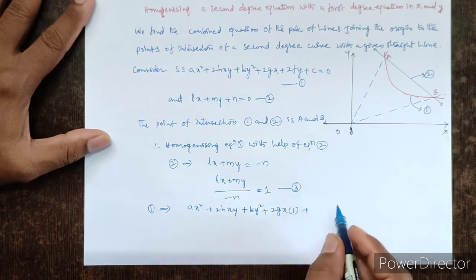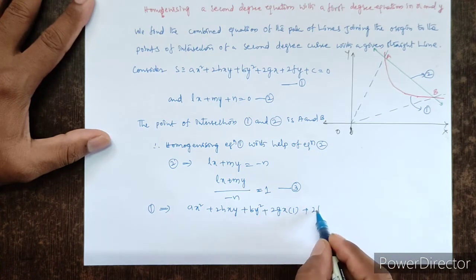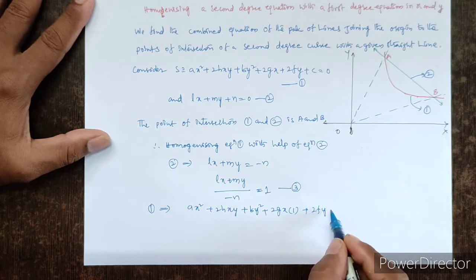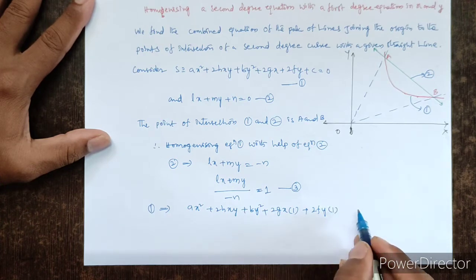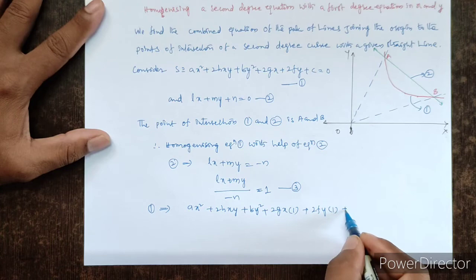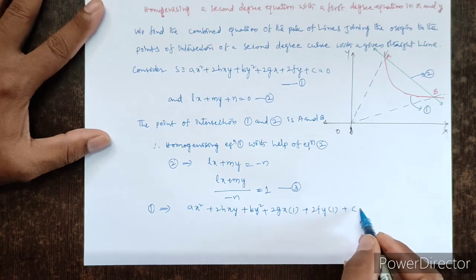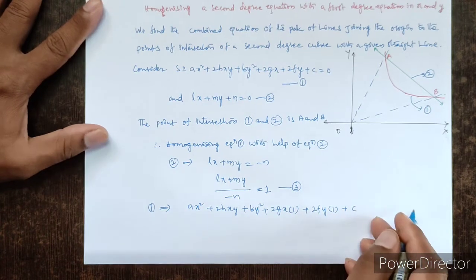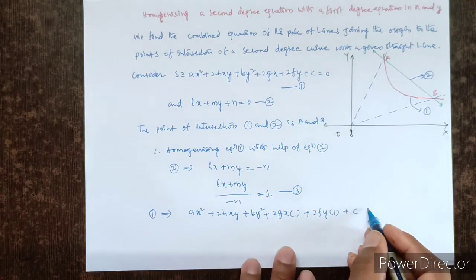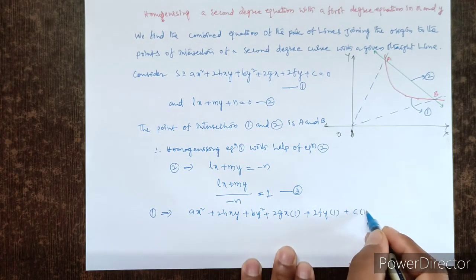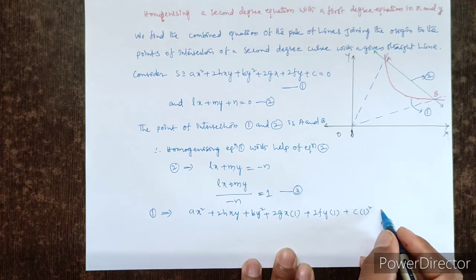Then 2fy can be written as 2fy into 1, and this constant term has no degree, so it can be multiplied with 1 square, equal to 0.